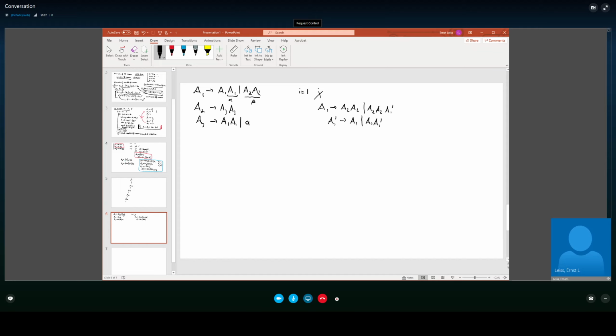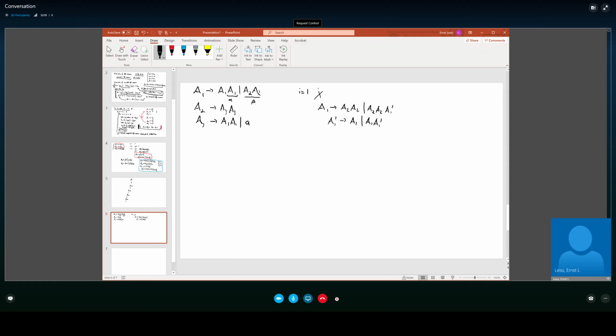Now, this A1 looks kind of suspicious, but it does not introduce any left recursion, because the A1 prime goes to A1, but that doesn't really generate any left recursion.